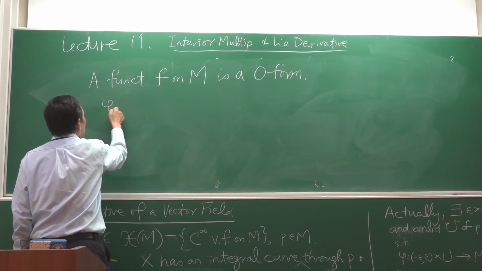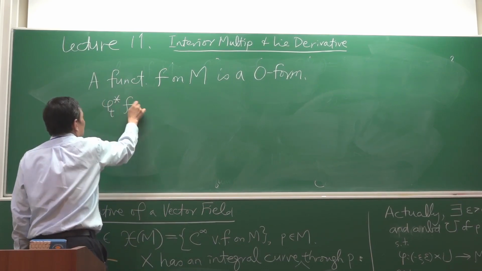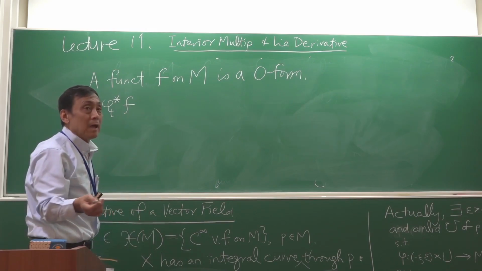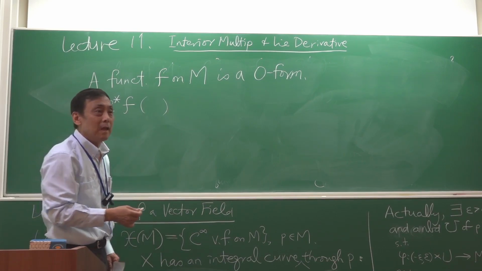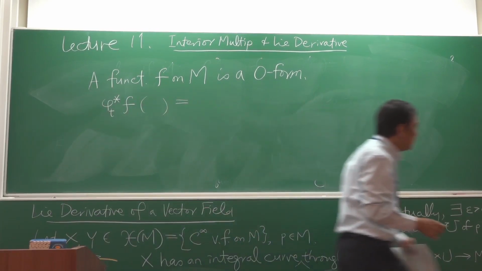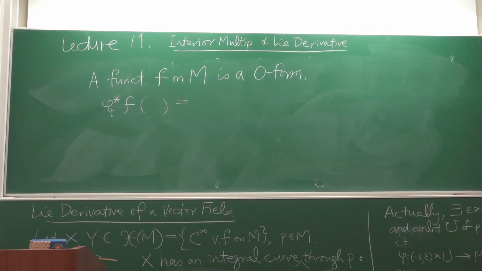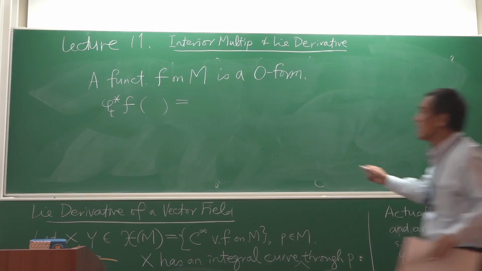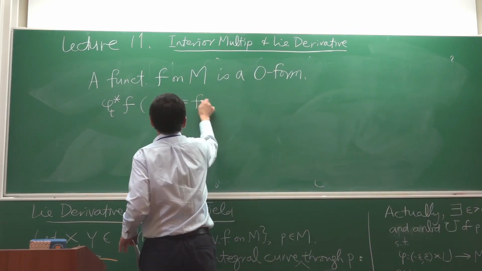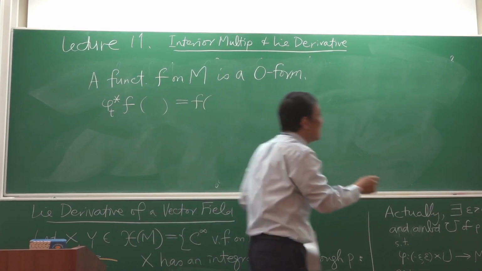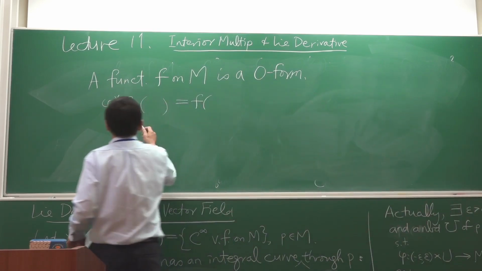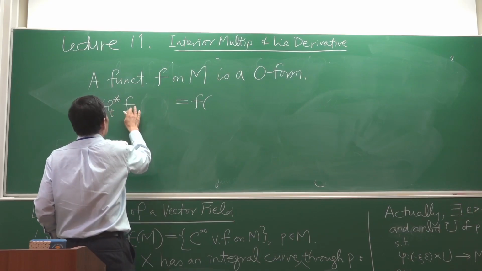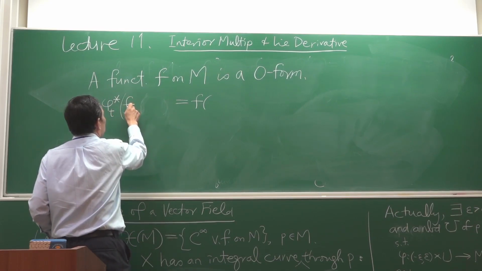So the pullback of a function has no argument, so it's got this empty argument. If you apply the definition, then it is the function f at... just a minute.